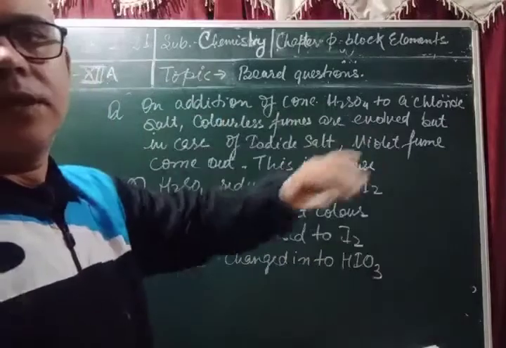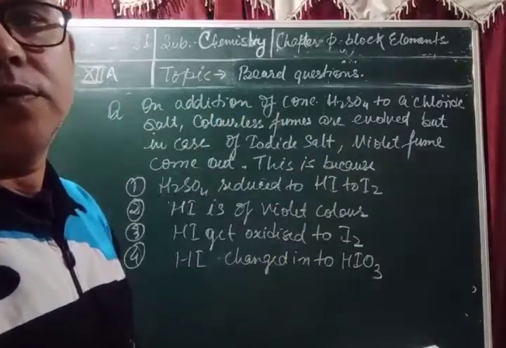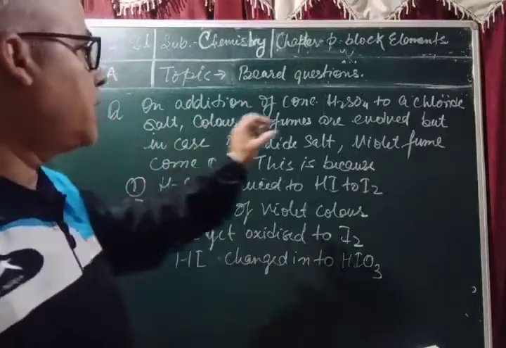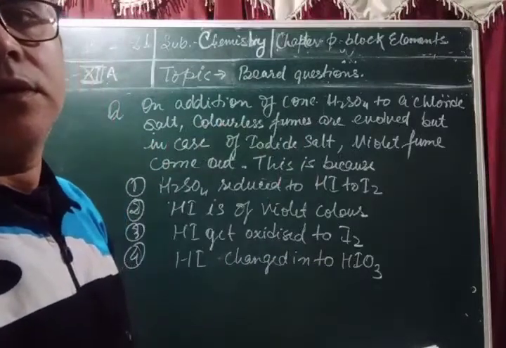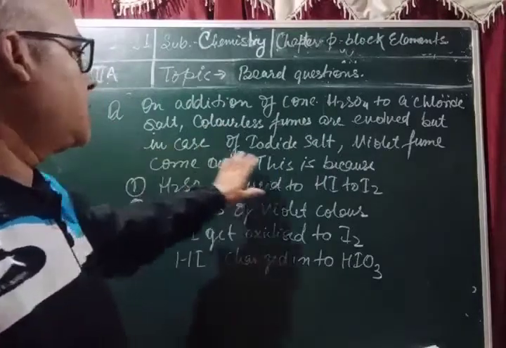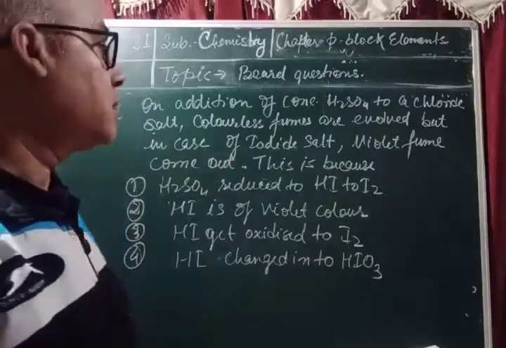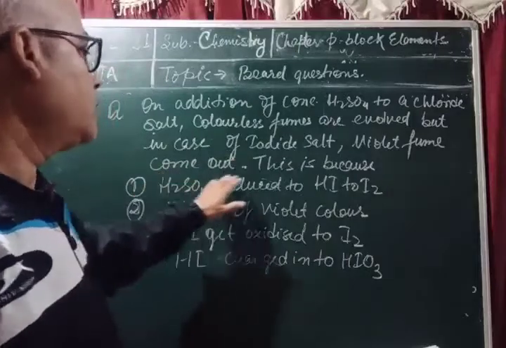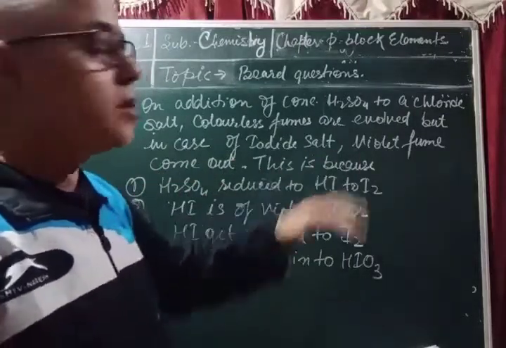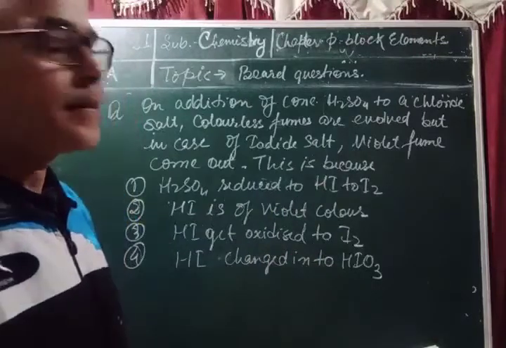Okay, what is the question? On addition of concentrated H2SO4 to chloride salt, colorless gas is evolved, but in case of iodide salt, violet fumes come out. This is because why?